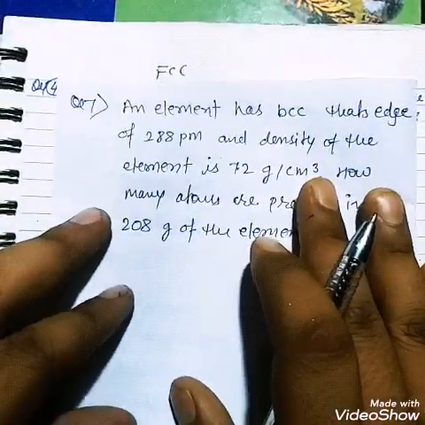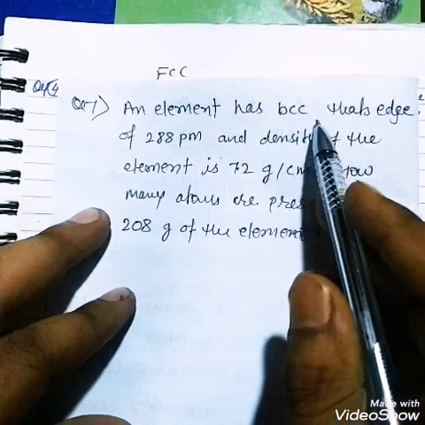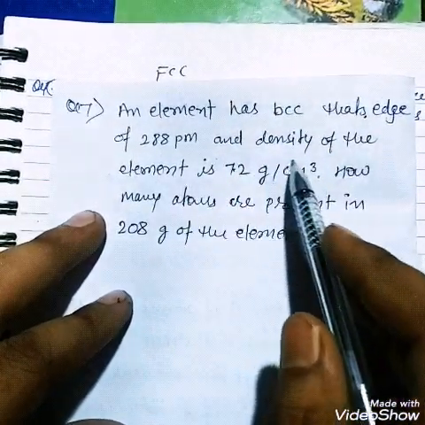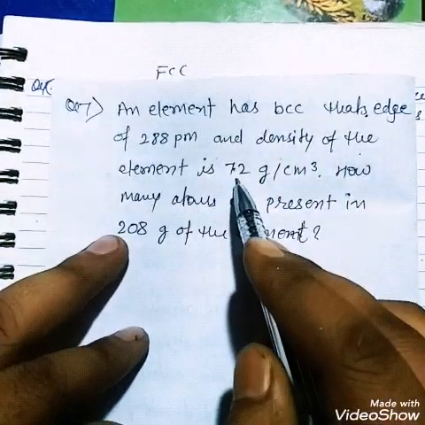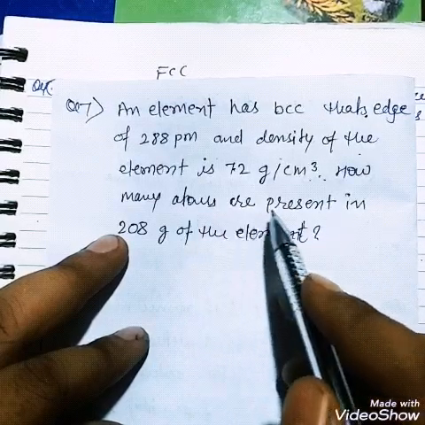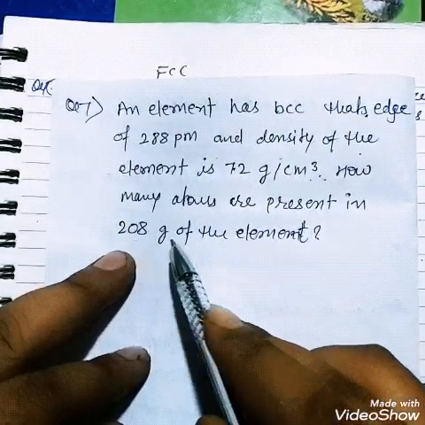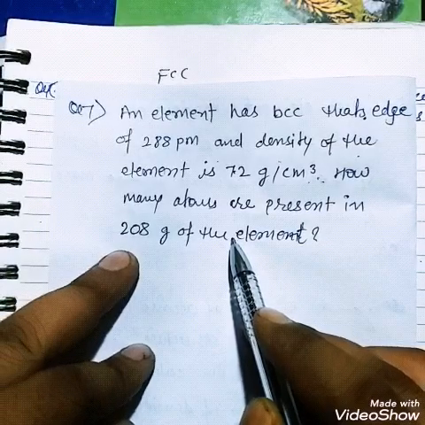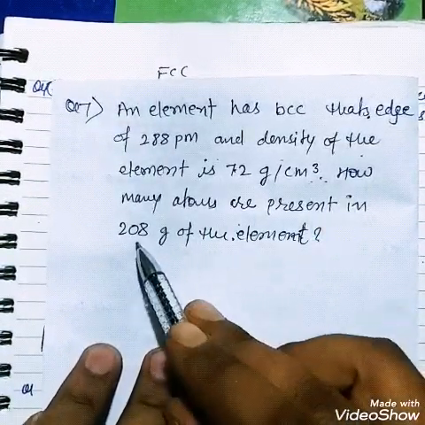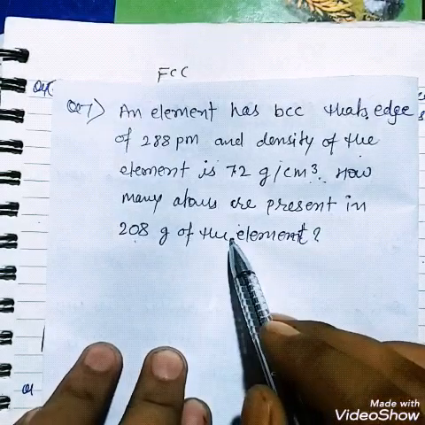Look, question number 7: an element has BCC, its edge length is 288 picometer and density of the element is 7.2 gram per centimeter cube. How many atoms are present in 208 gram of the element?